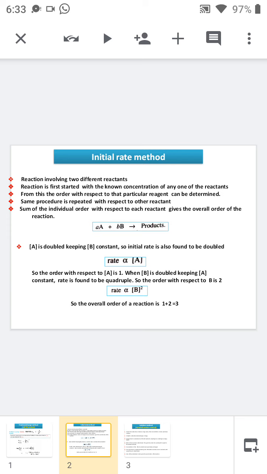Then the same procedure is repeated with respect to the other reactant, and the sum of the individual orders with respect to each reactant gives the overall order of the reaction.